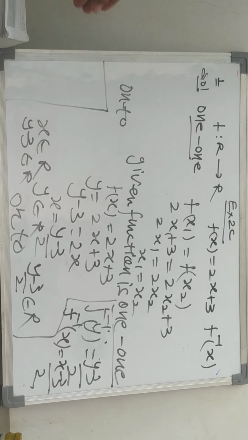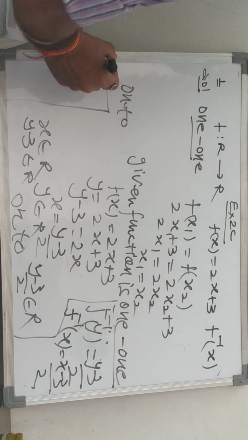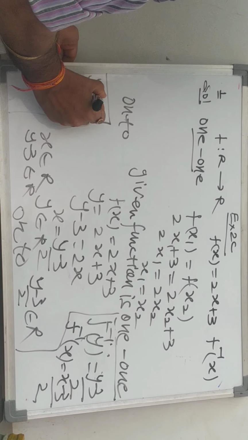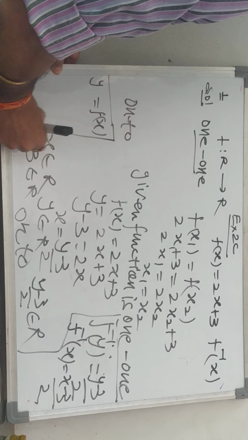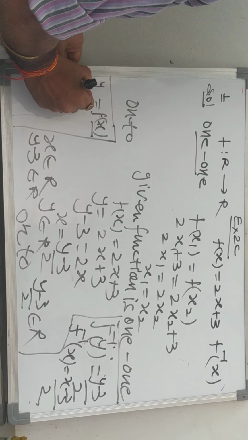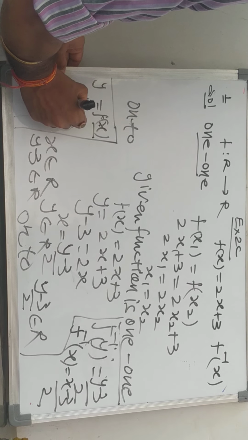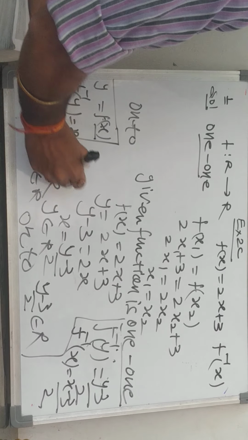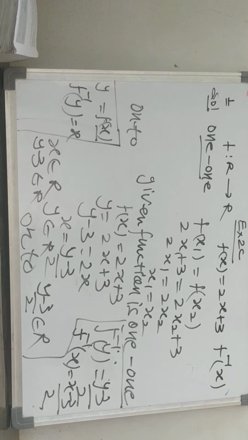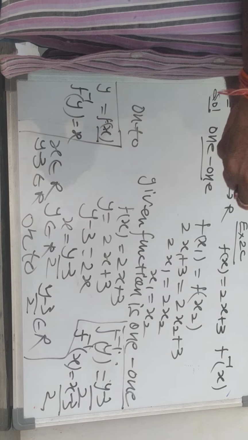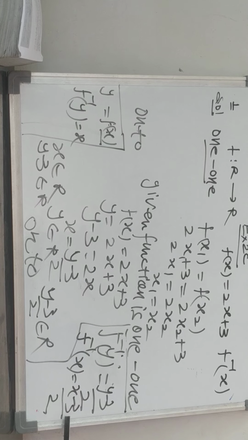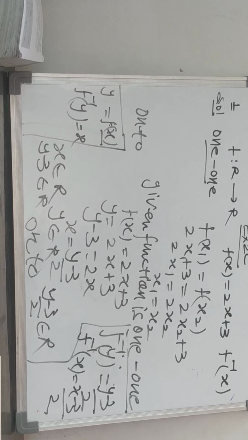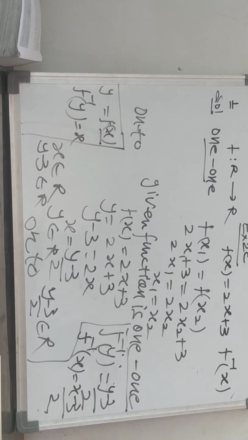We put f inverse y in the place of x because we let y equal f of x. Now we find the value of x from here, and x is equal to f inverse y. So f inverse y is equal to y minus 3 upon 2, then f inverse x is equal to x minus 3 upon 2. Simply, y is replaced by x.